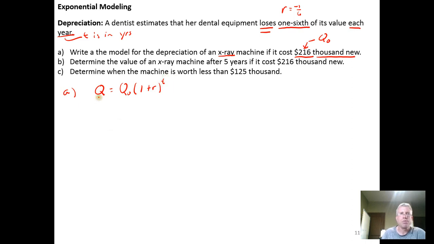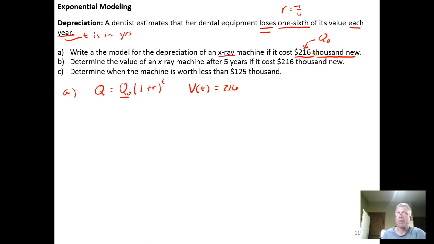So I don't want to use Q. I'm valuing an X-ray machine, so I'm going to use V for value. The value of my machine as a function of time is going to be equal to Q naught, which is the initial value of the machine.